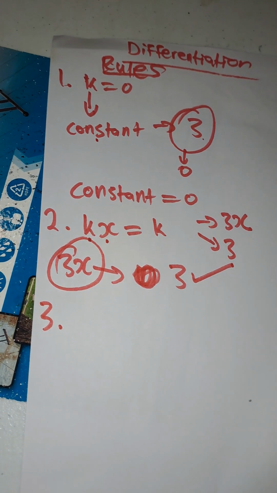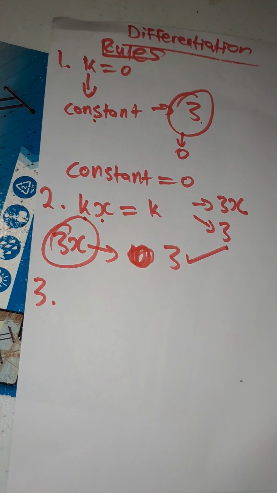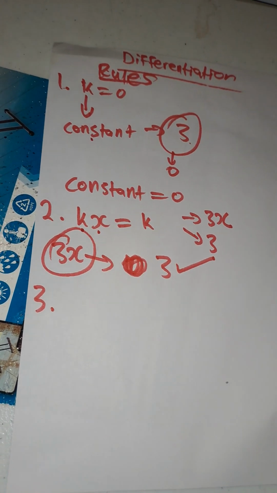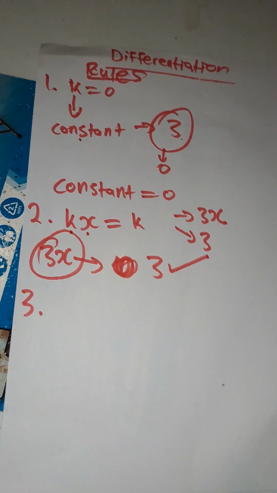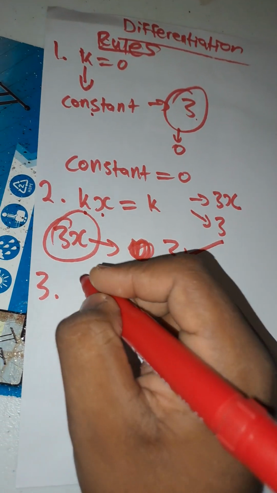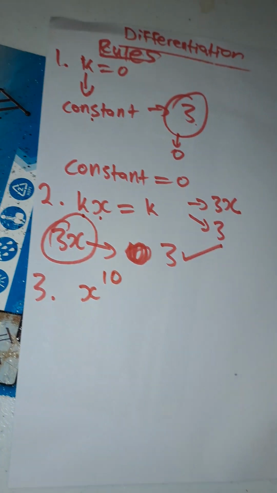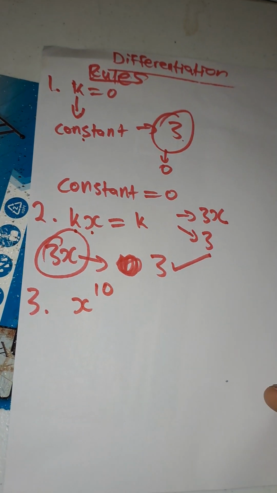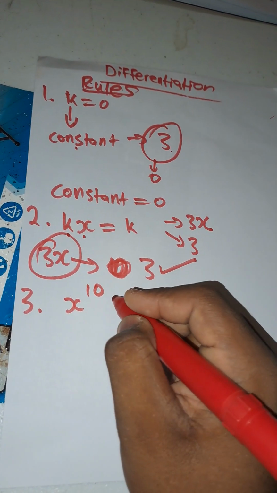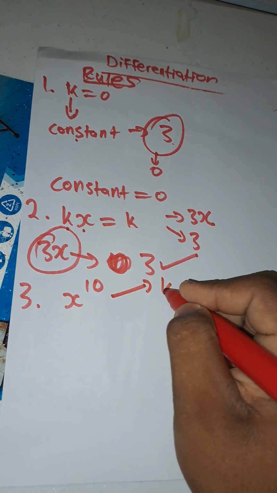Let's go to the next one. So the power rule. Let me just choose the constant. The constant is a real number. For example, let's say I have x to the power of 10. What do you do if you have something like that? I'm using k, so it's gonna be k.